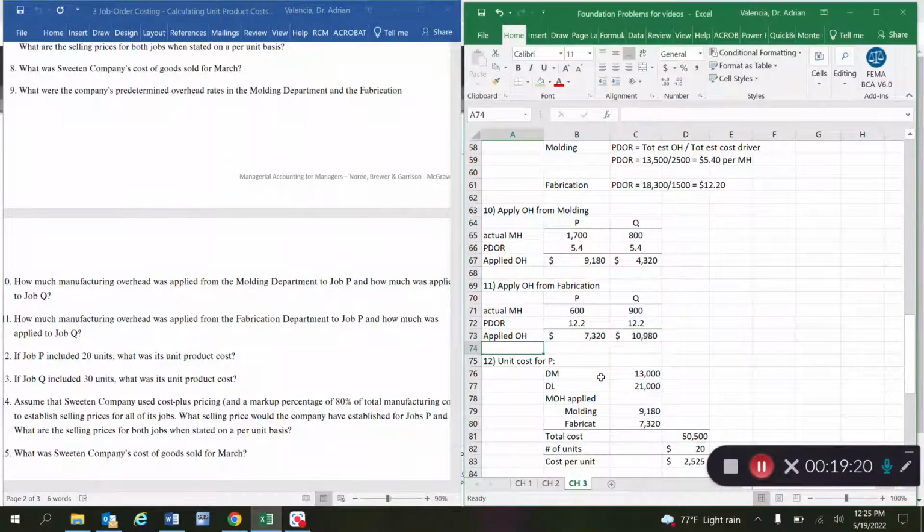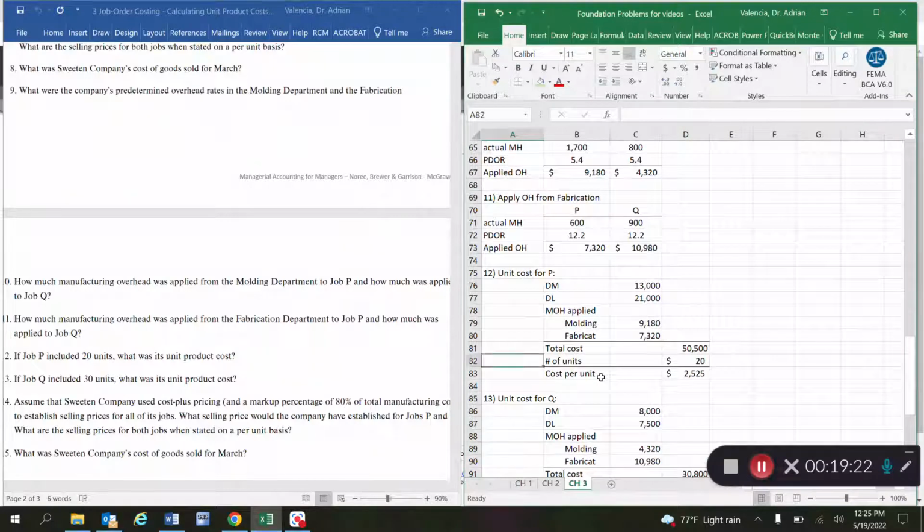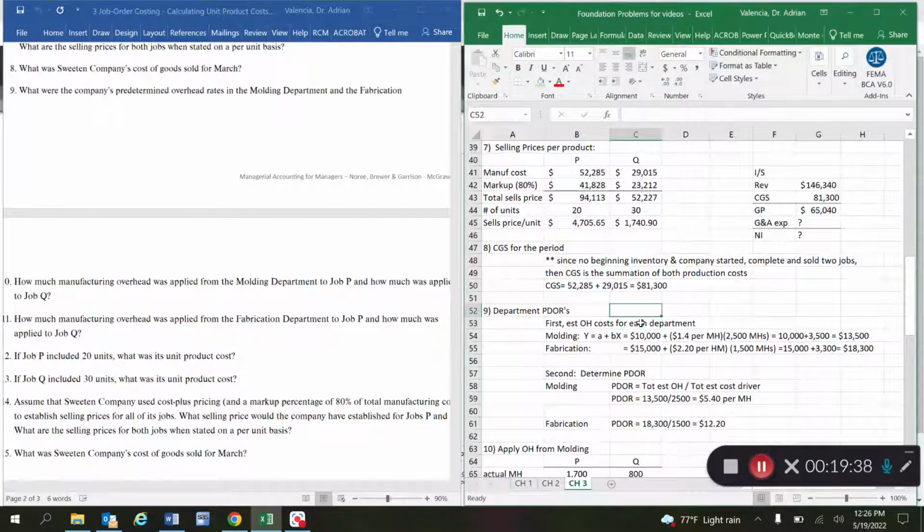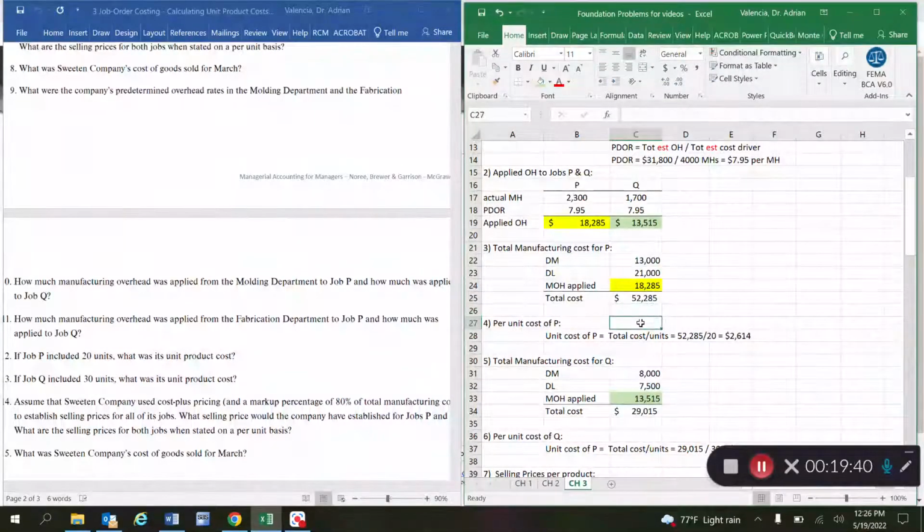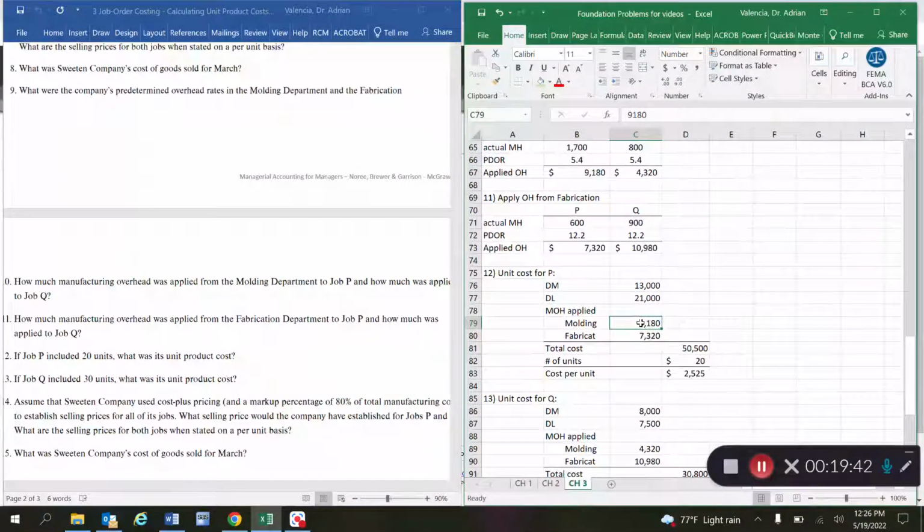Okay, so for job P, let's go ahead and begin that. We have 13,000 of direct materials and direct labor. Those are actual amounts that they gave us. But now we're going to include the amounts for each department. Let me see what colors I used over here, so maybe I could use the same thing.